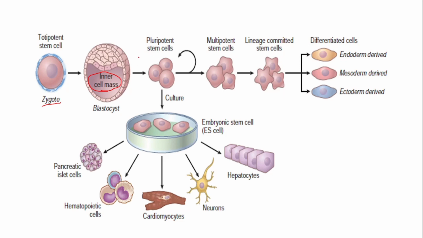This embryo has cells which are called embryonic cells or pluripotent cells, which differentiate into other lineage cells, like pluripotent cells developing into multipotent cells, and then eventually leading to the lineage committed cells, and leading to the development of other organs.